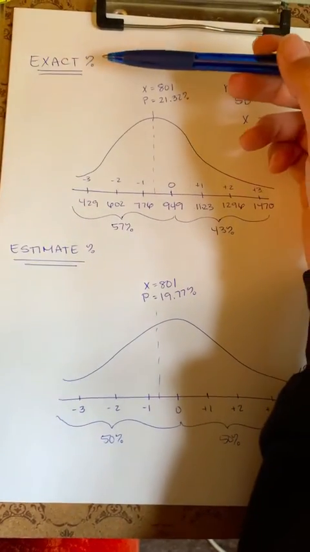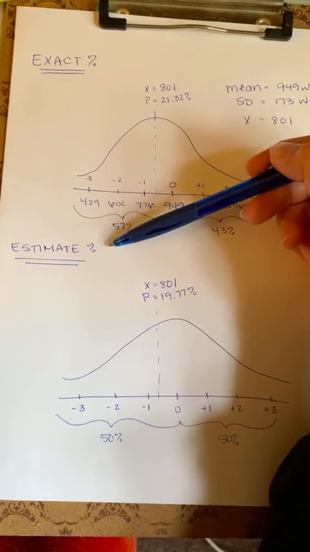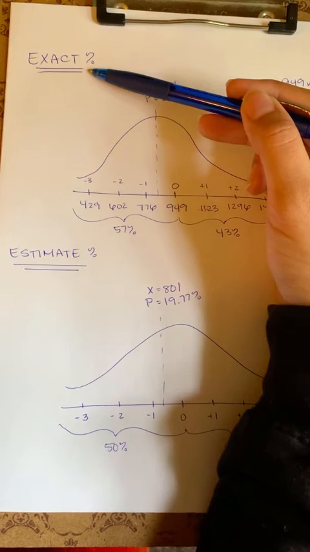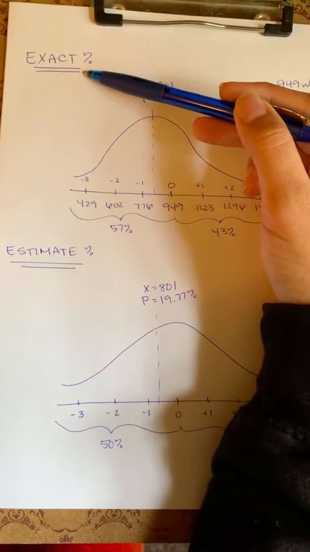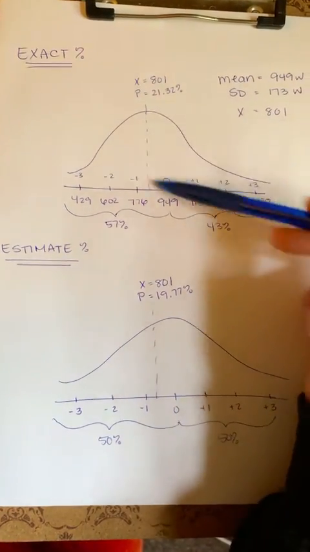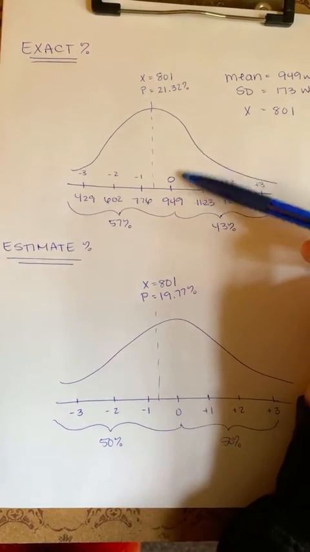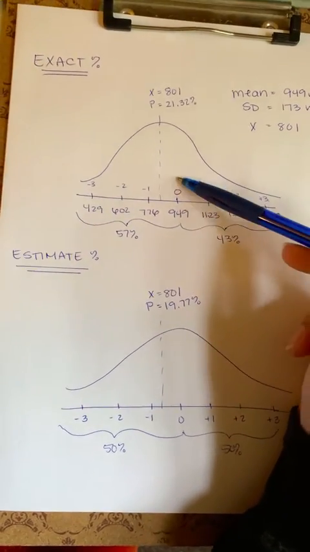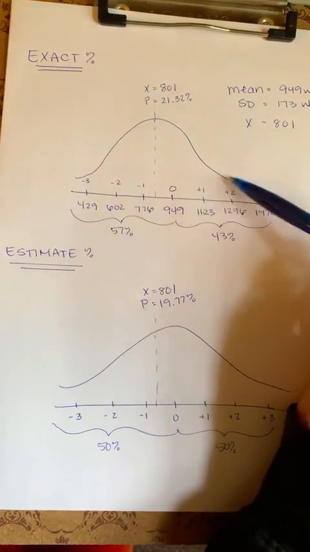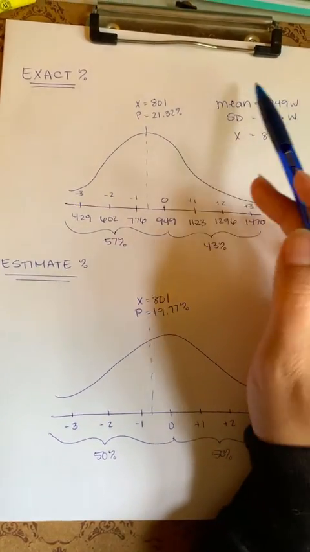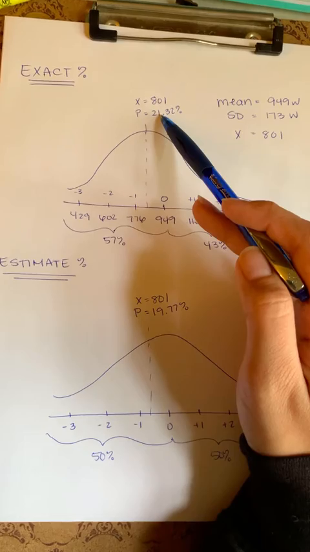But the biggest difference, again, between exact and estimated percentiles is that exact percentiles, when we're using our distribution equations, are not concerned about the shape of the distribution. These inequalities of how points are distributed around the mean don't mean anything to the percentile that we calculate.